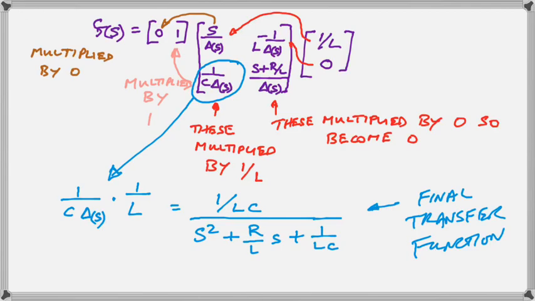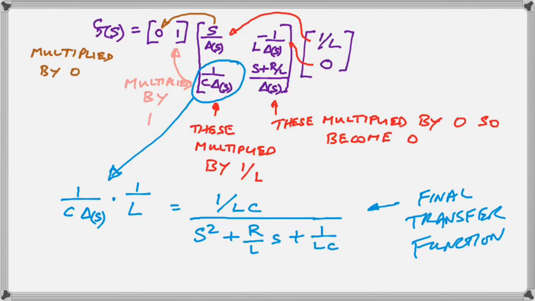We take the vector on the right and we multiply it so that the column where the 0 is in the vector, that makes both of our columns of our matrix become 0, and the 1 over L multiplies the other two.